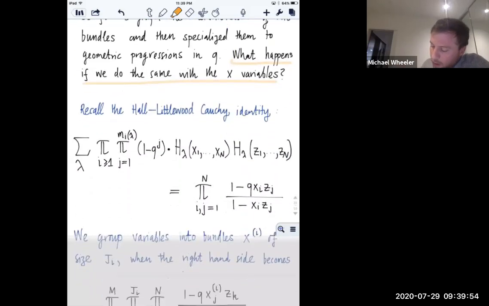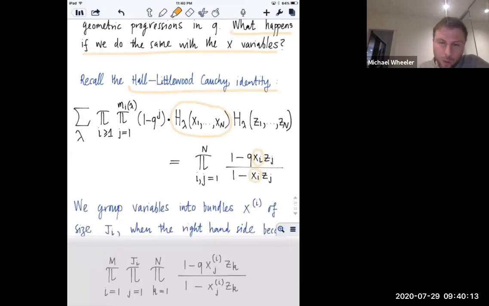Recall the Hall-Littlewood Cauchy identity, which is given here. This is a formula that we saw previously. What we're going to do now is look at those x variables, these ones here, also showing up here on the right-hand side. And we're going to bundle those as well.